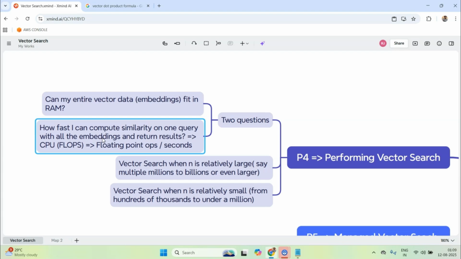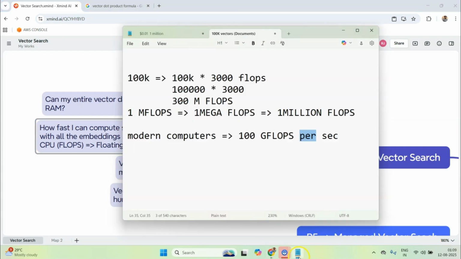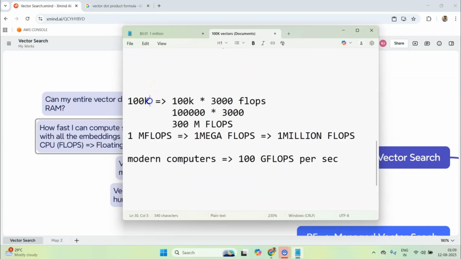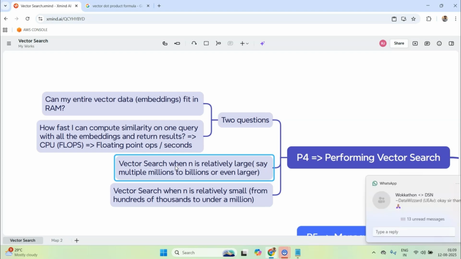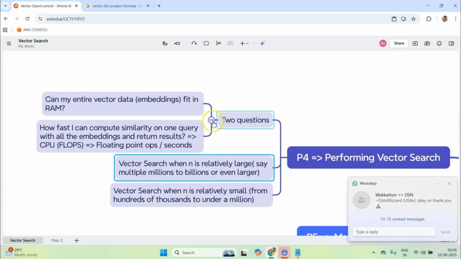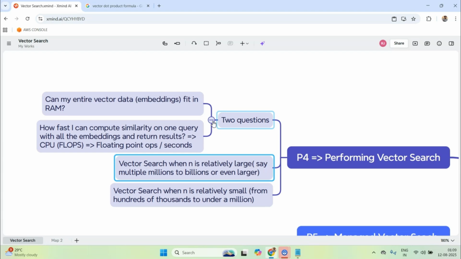The point that I'm trying to make here is, if your use case is under maybe 100k or even 500k, you don't need specialized structures, because nowadays when n is relatively large in vector search, the way they achieve that is by implementing very advanced data structures and tree-based data structures to achieve fast searching. Those might not be required for your use case if your number of documents is very small.